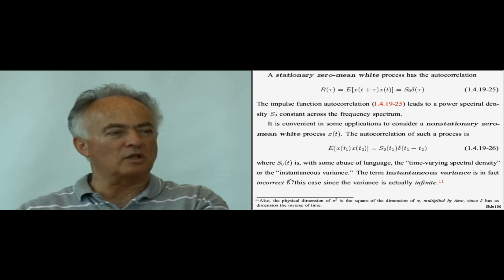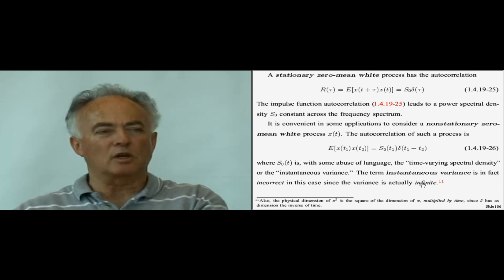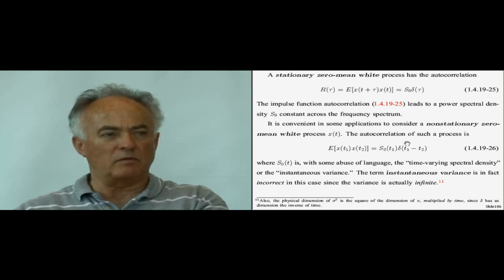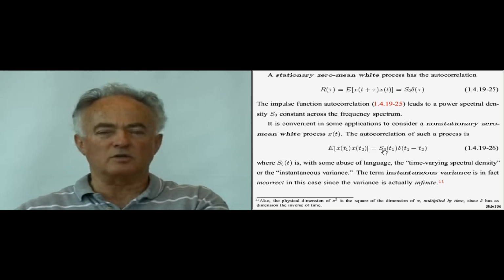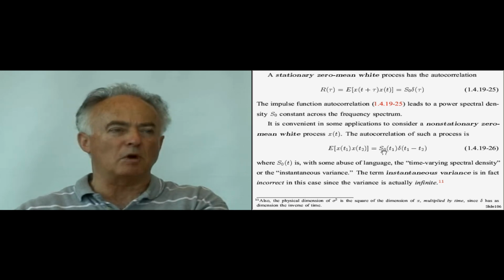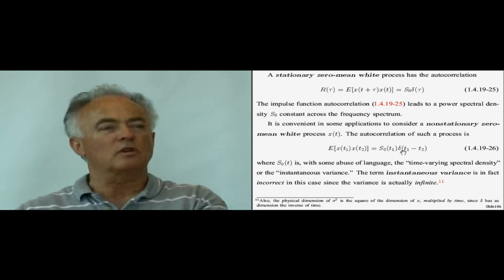However, the term instantaneous variance that was indicated before is really incorrect, because the variance is actually infinite. You can look at the variance, given that it is zero mean, it is this whole thing.